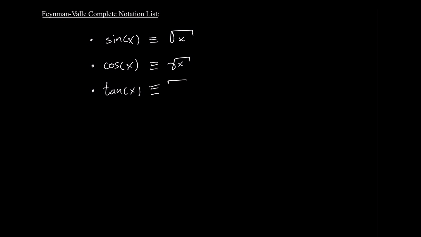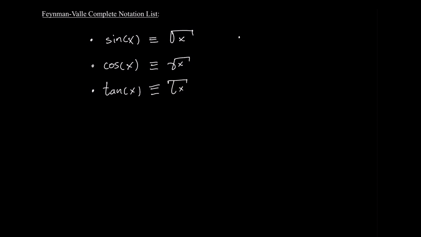For starters, we had sine of x, defined as follows, kind of like a circle root. Cosine of x, we had defined to be this gamma root. And tangent of x, we had defined to be a t root, if you will.